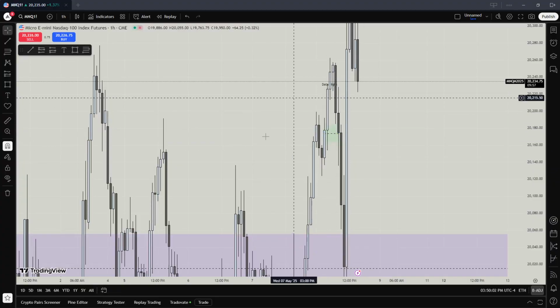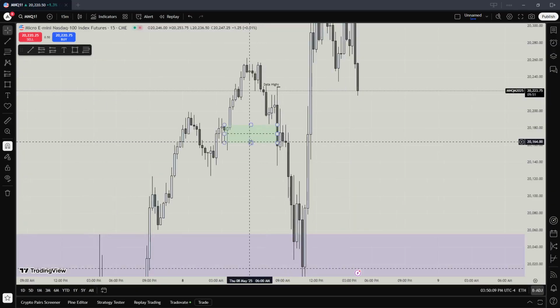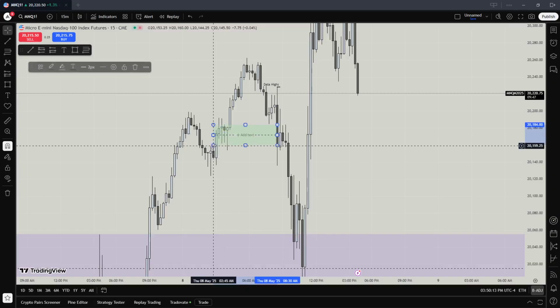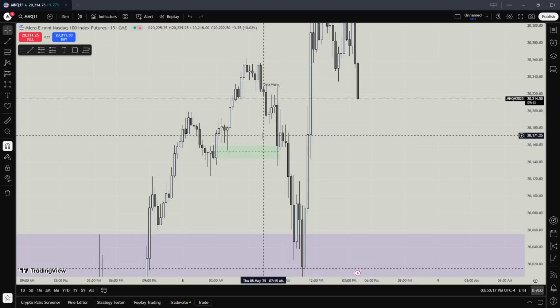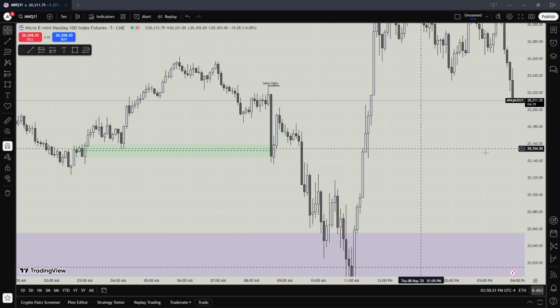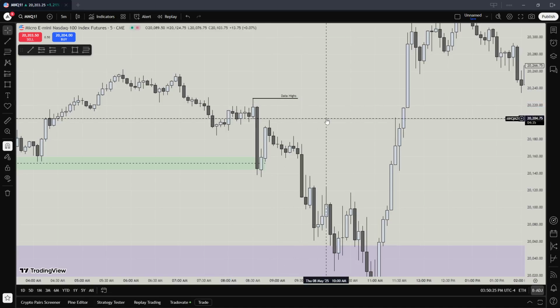I mean, we have an hourly order block, but this was it. This was the order block, my fault. So we have a 15-minute order block that we are delivering from. We have our draw on liquidity, which is data highs.